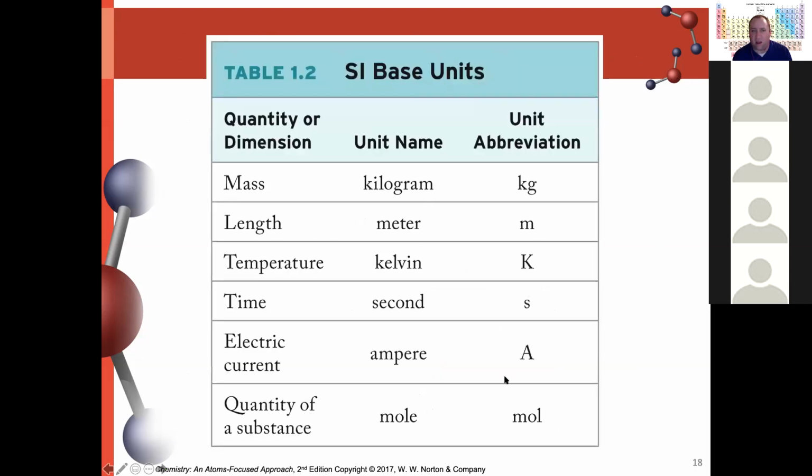So here are our base units. Now, I made mention before, there is another base unit out there. There's actually a 7th one. It's called the candela. Candelas are used for measuring the intensity of light. So if I want to know how intense, how bright a light is, candelas are the way to do it. And actually, we see candelas used often. If you've ever had to buy light bulbs, on the package, there's always two units on the light bulb.